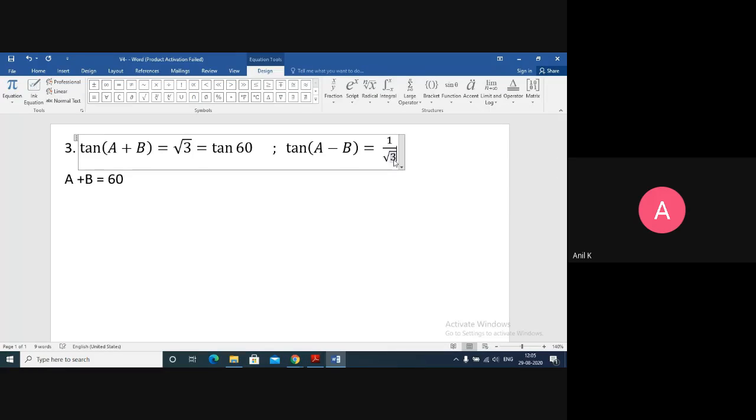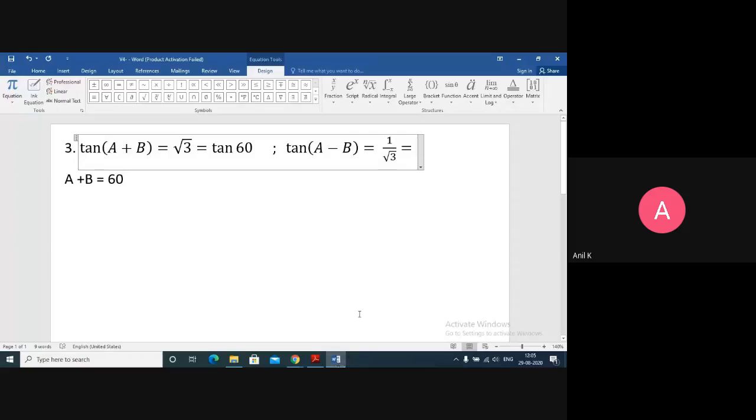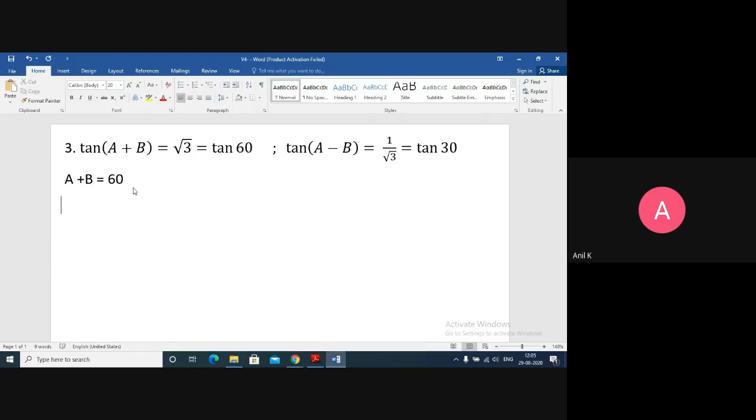Tan theta is 1 upon root 3. Let me see if anybody has given the answer. Yes, tan 30 is 1 upon root 3. So 30 degrees. Here I can conclude A − B will be equal to 30 degrees.